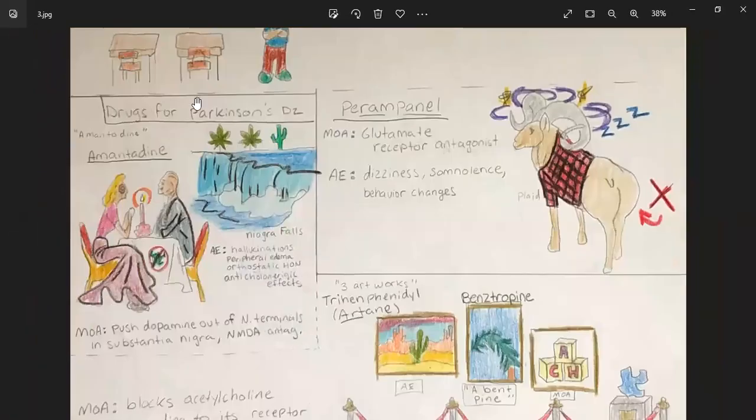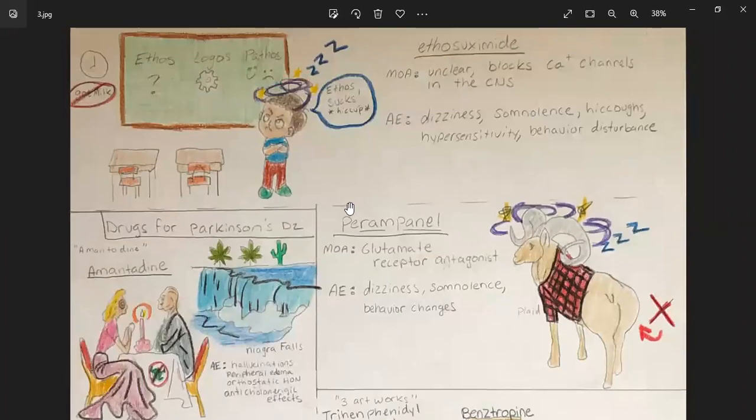So now we're going to move on to drugs for Parkinson's disease. Actually, hang on, sorry, one more for seizure, and that is perampanel. So we have a ram wearing flannel. And this is a glutamate receptor antagonist.